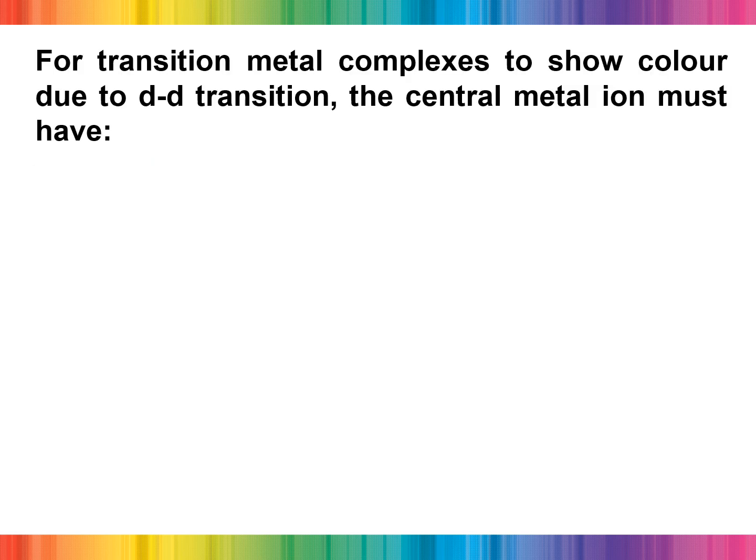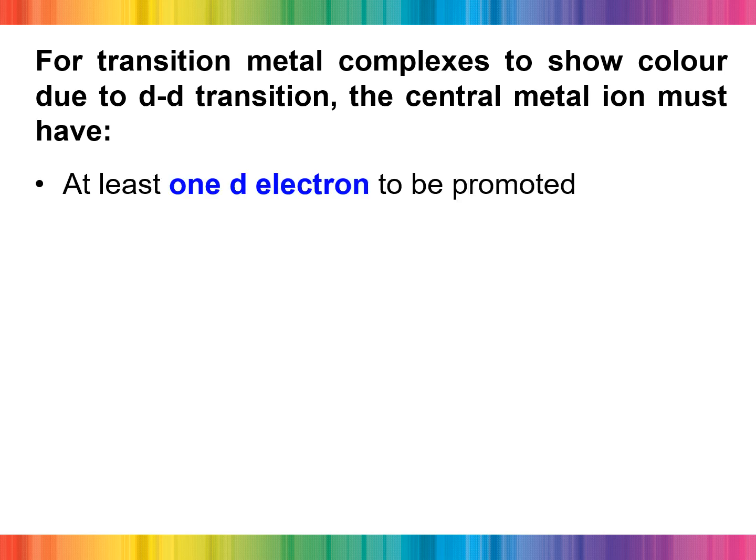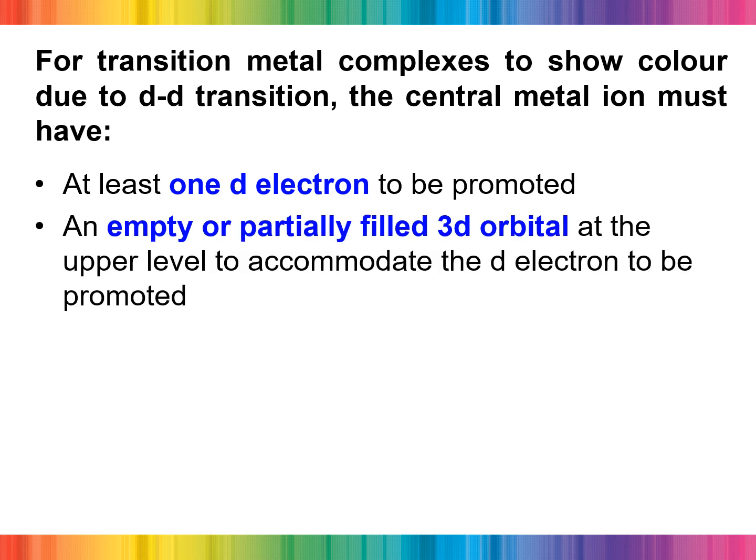All right, for transition metal complexes to show color due to d-d transition, your central metal ion must have the following. First of all, it must have at least one d electron to be promoted from the lower energy level group of orbitals, and an empty or partially filled 3d orbital at the upper level, so that you can accommodate the electron that's promoted.